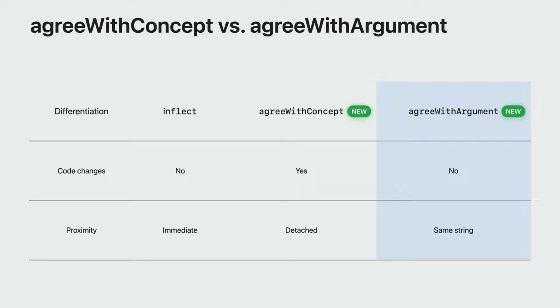Unlike agree with concept, where you need to make changes to the codebase by passing the value of the food name, the agree with argument attribute does not require any code changes and is an easy way to facilitate agreement not possible with the inflect attribute. We can use agree with argument to indicate that hecho should agree with an argument that is elsewhere in the string.